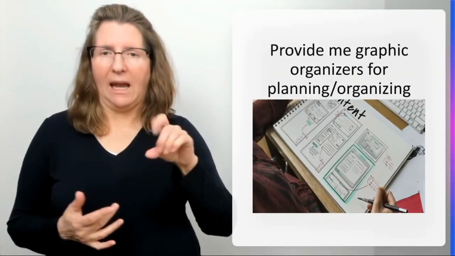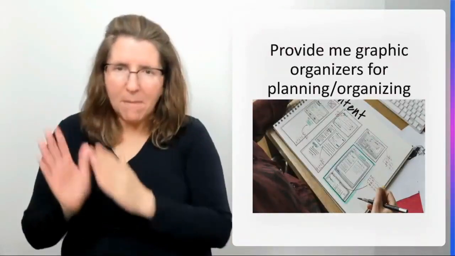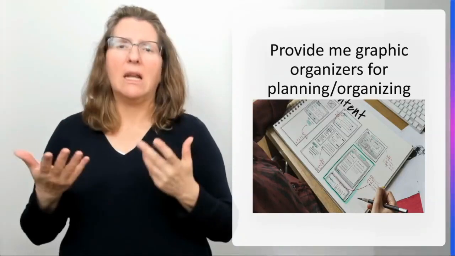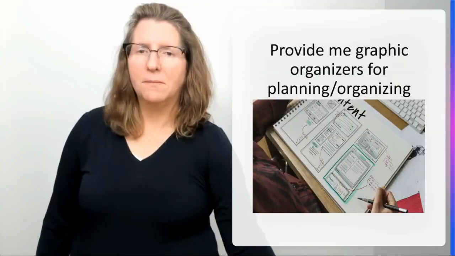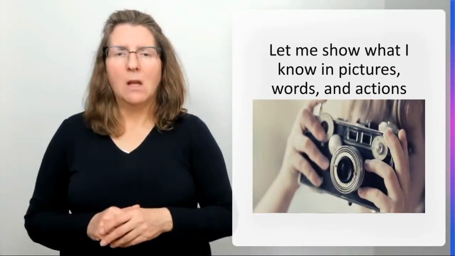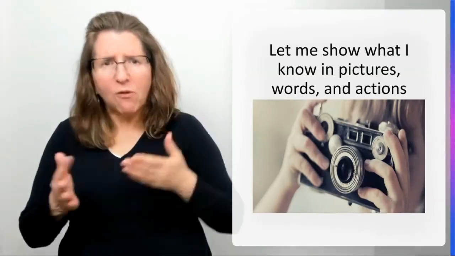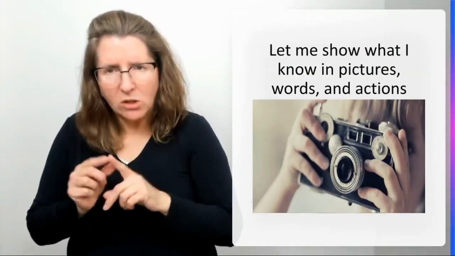For Aiden, support such as a graphic organizer for planning and organizing may help him to figure out what to do. Provide Aiden opportunities to show what he has learned through pictures, actions, and words.